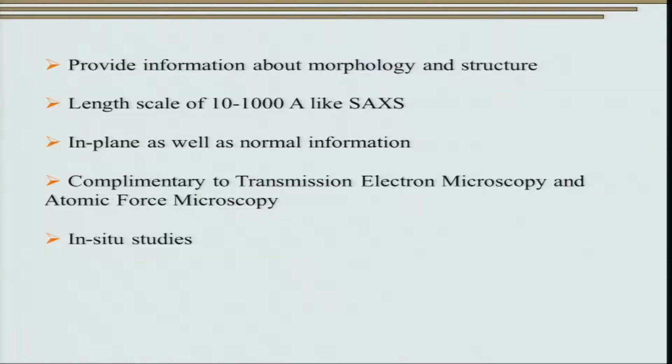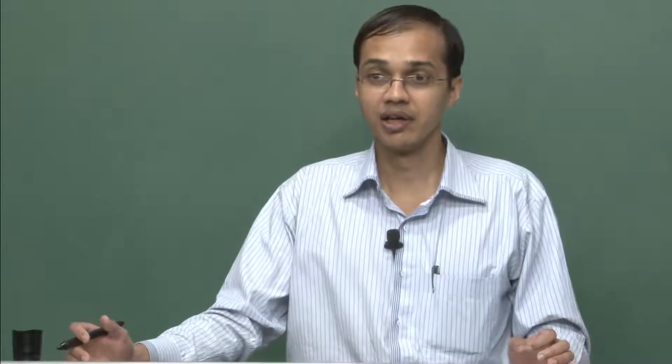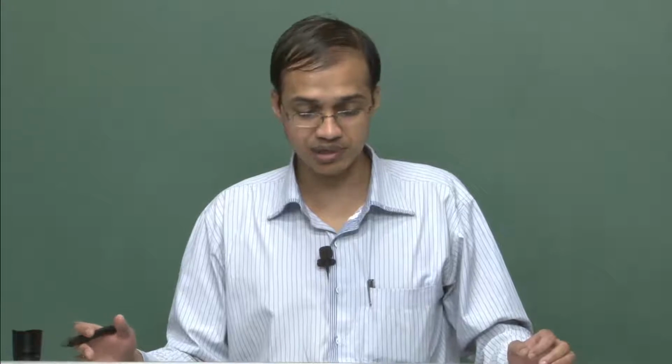since grazing incidence small angle X-ray scattering essentially is a surface characterization technique, it gives us information not only in the plane but also out of the plane or normal to the plane, which is very, very important for doing what is known as X-ray reflectivity. And like I had already mentioned in the last class, small angle X-ray scattering is complementary to characterization techniques like SEM, TEM and atomic force microscopy.